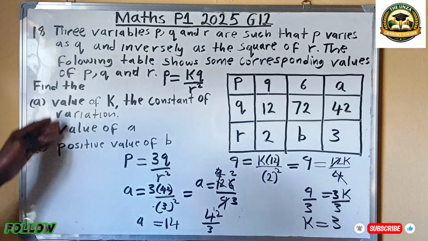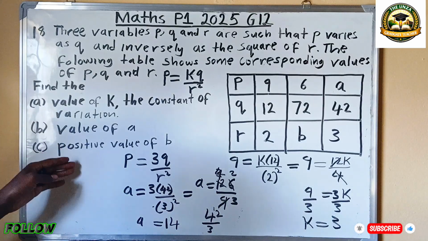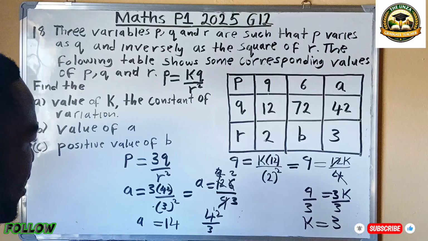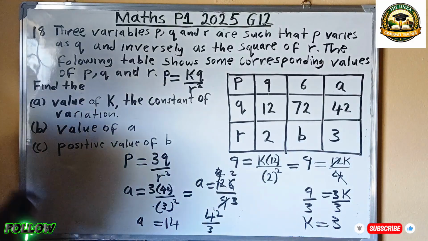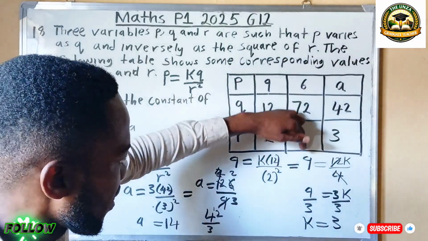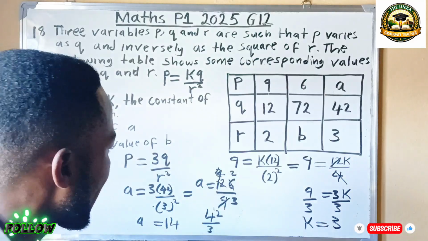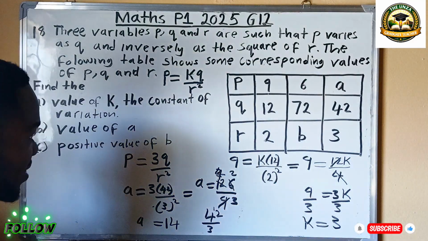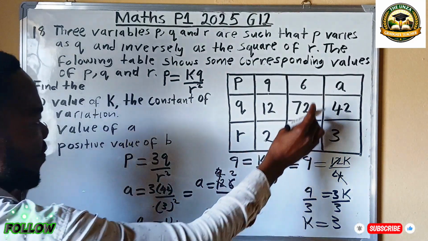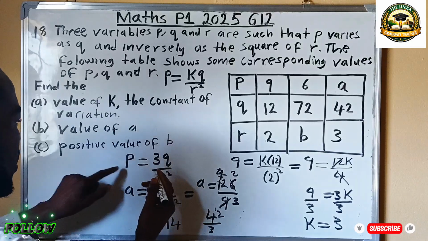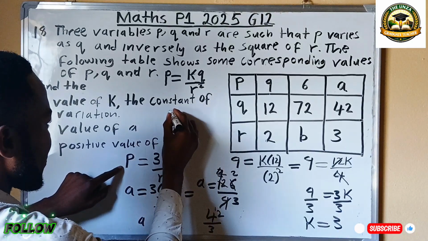Now part C was saying find the possible value of B. For you to find B, you have to go where there is B also. So you start replacing again. Where there's P, you put 6.